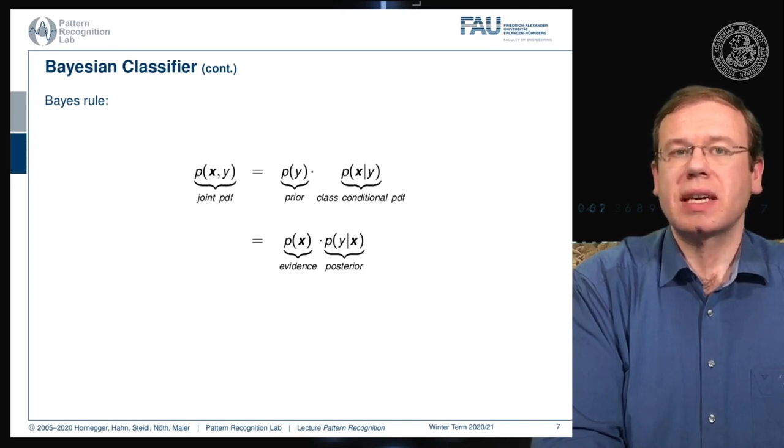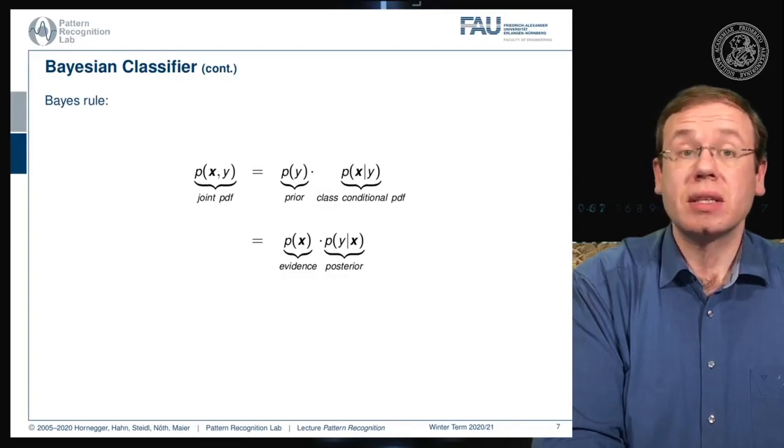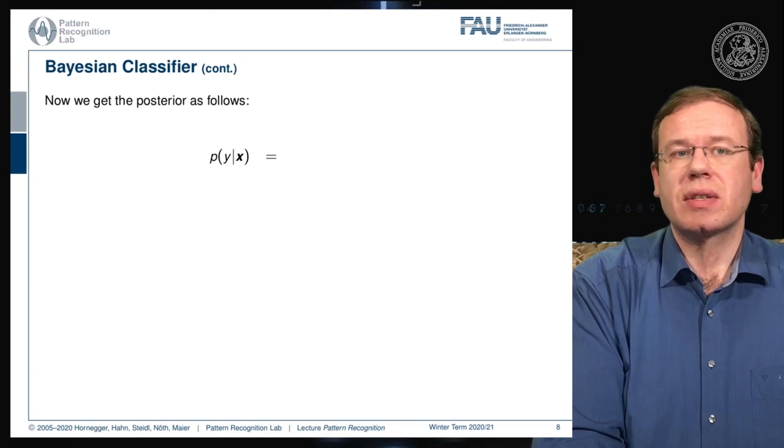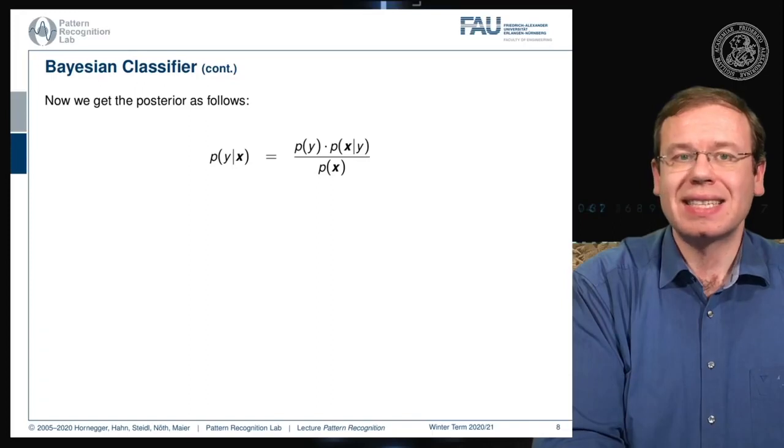So you can see we can express the same joint probability density function using those two decompositions. Now if I know this identity, then I can very easily construct the so-called Bayes theorem, and the Bayes theorem tells us that the probability for a class Y given the evidence X can be expressed as the prior probability of the class Y times the probability of X given Y, and this is divided by the probability of X.